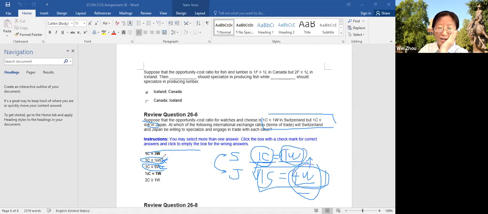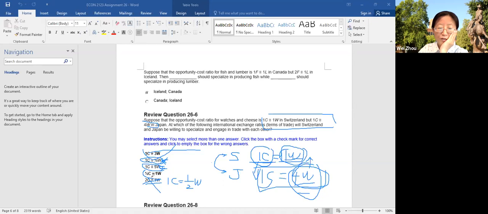So this is not going to work. Let's say this one, yes. This one looks tricky, but if you convert it, move this to the other side, 1 cheese is half a watch. That's too cheap because it's smaller than 1 watch here, so not good. Okay, how about this one?